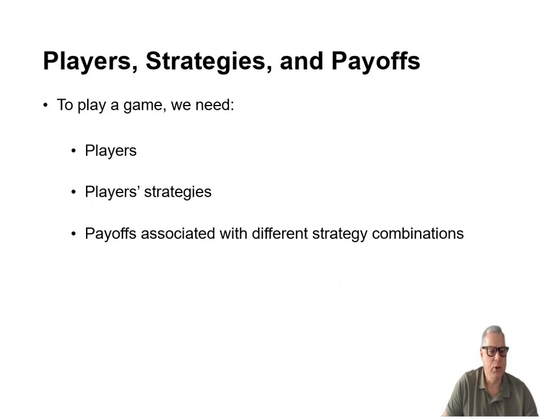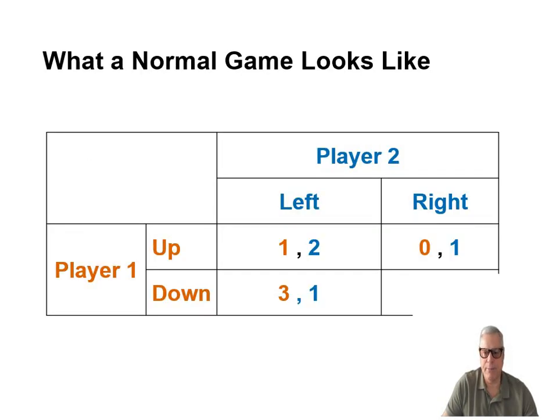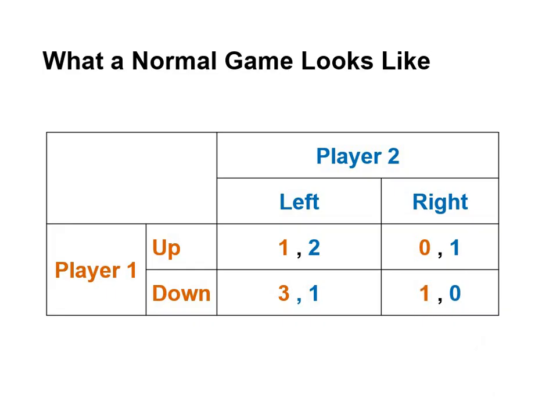So let's take a look at a game. What you see is a game in so-called normal form. You can see we have two players, player 1 and player 2. We know their strategies. Player 1 can play up or down, and player 2 can play left or right.